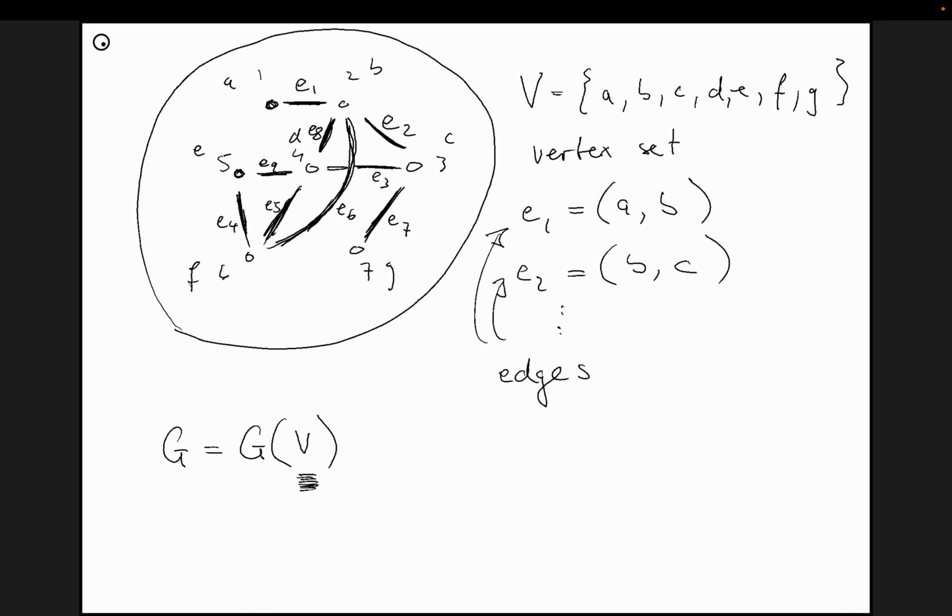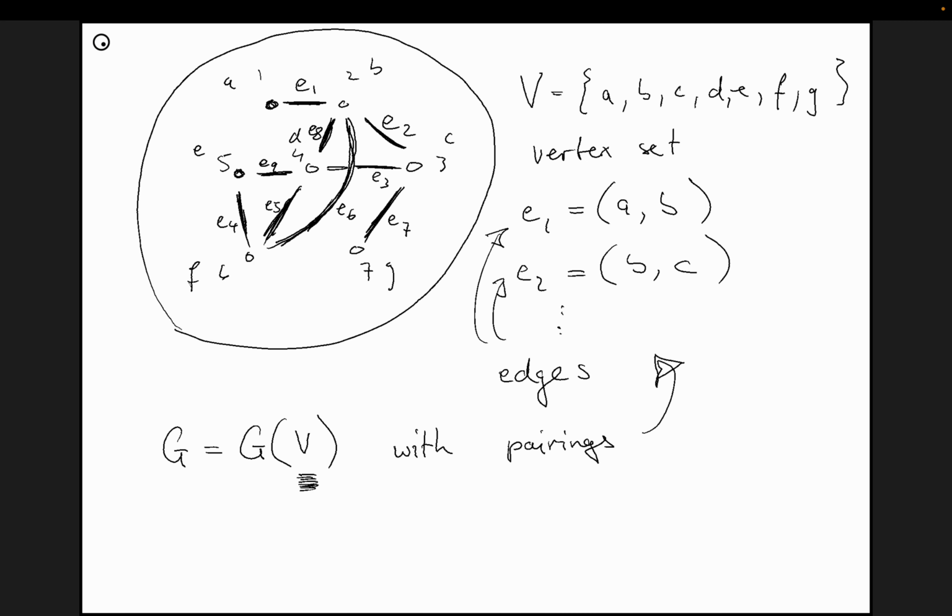A graph is built upon a vertex set with those associations or pairings indicated by those edges.